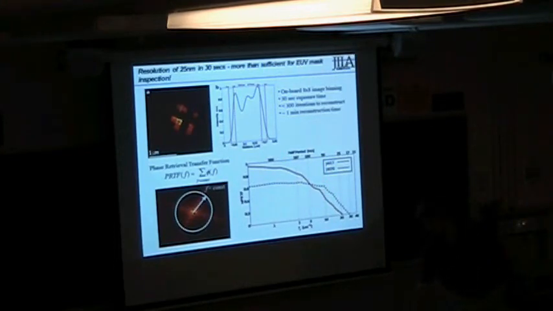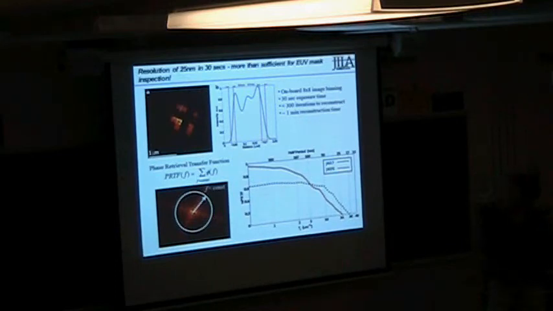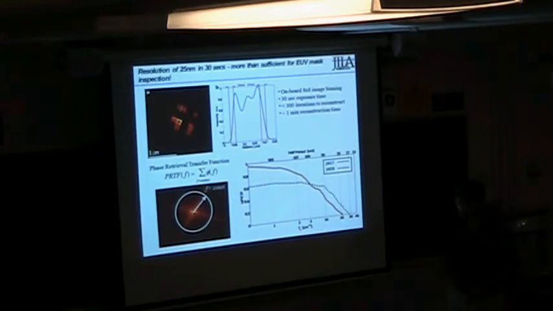And I should say that we're also able to reduce the exposure time down to about 30 seconds for these images, and still obtain 25 nanometer resolution, which is a pretty big improvement over what you can usually do with zone plate illumination or with compact sources.